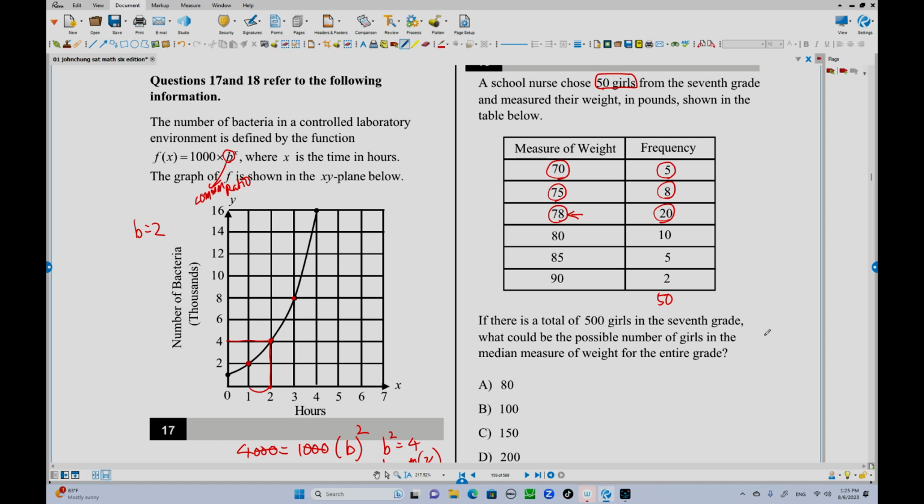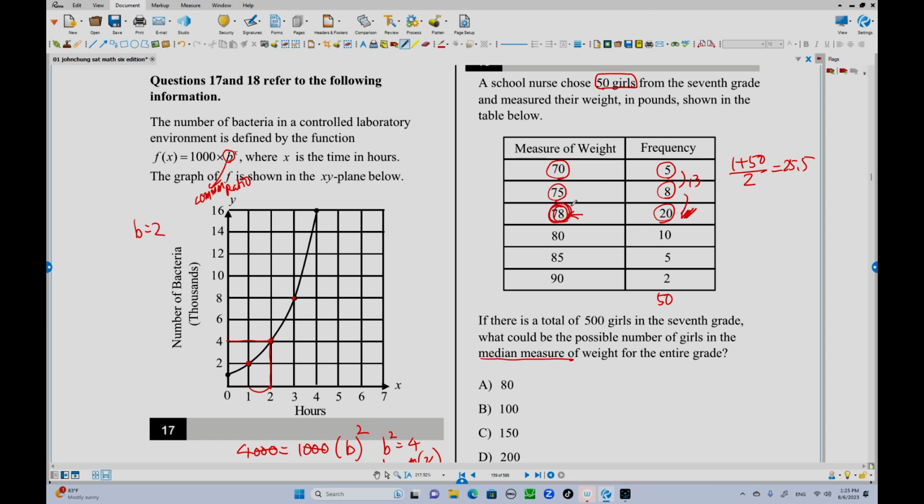What is the possible number of girls at the median weight? We have to find which one is in the middle. 1 plus 50 divided by 2 is the middle, which is 25.5. Where is this student? There are only 13 girls up to here. 13 plus 12 more gets to about 25, so it belongs over here.